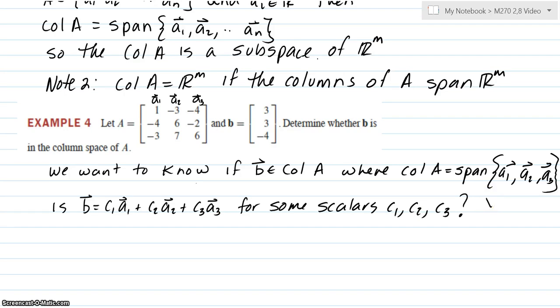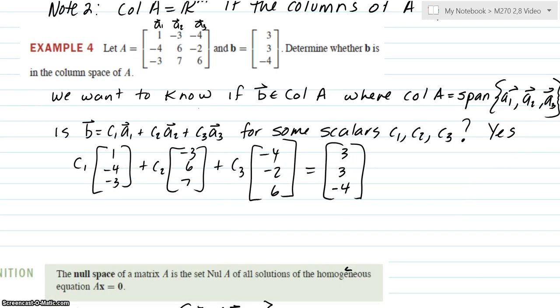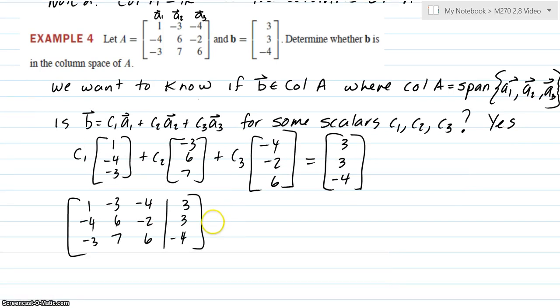Well, the answer is yes, because if you look at this, this would be C1 times A1 plus C2 times A2 plus C3 times A3 equals B. And we can put this in matrix form and solve for C1, C2, C3. So let's go ahead and do that. If we row reduce this, what do we get?